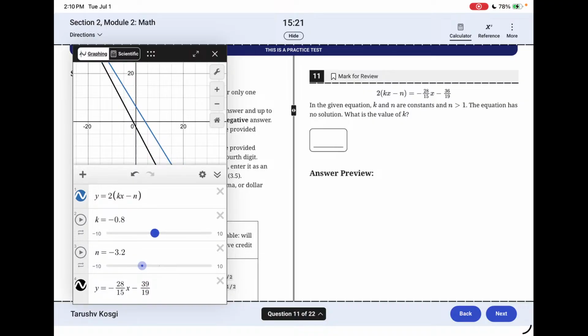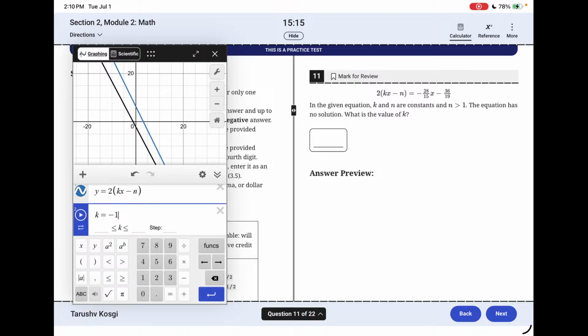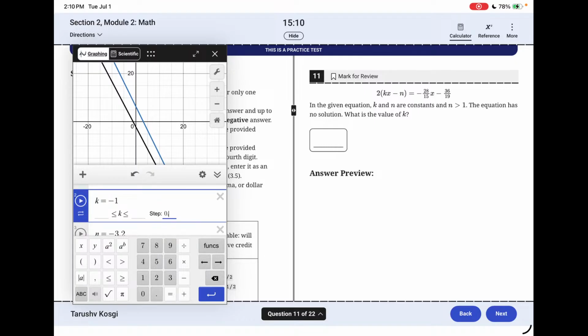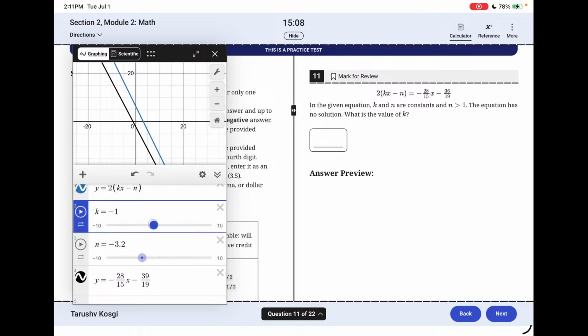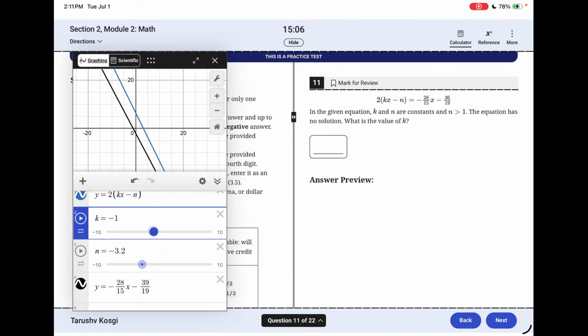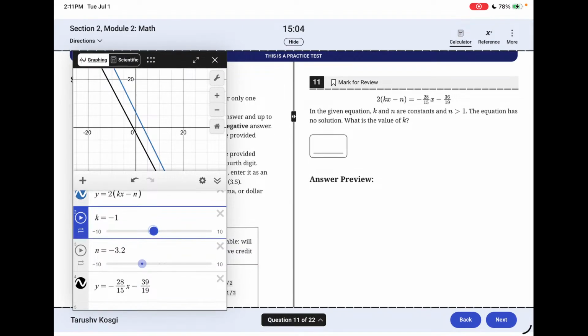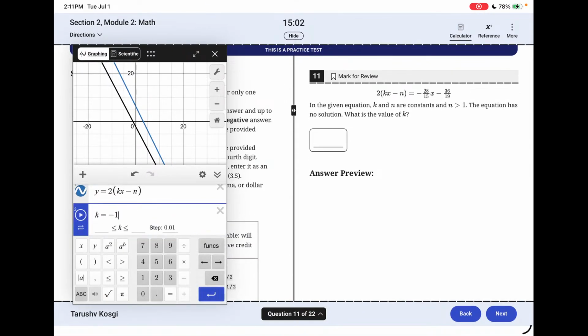So I guess k is the only number that really matters, like n can be anything. So for k, we're going to want step 0.01. It says 0.01, buddy.